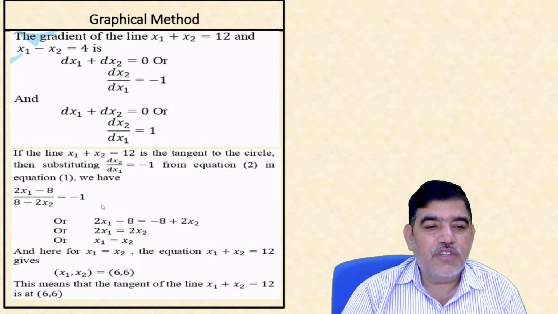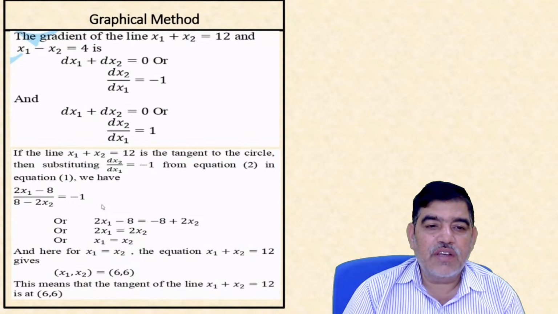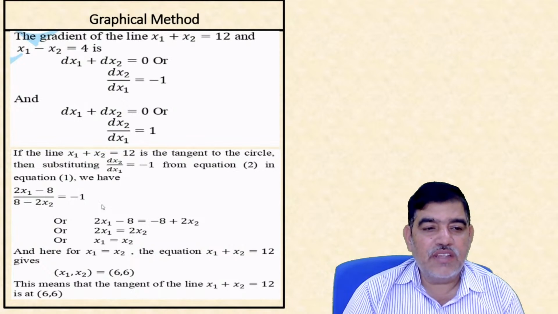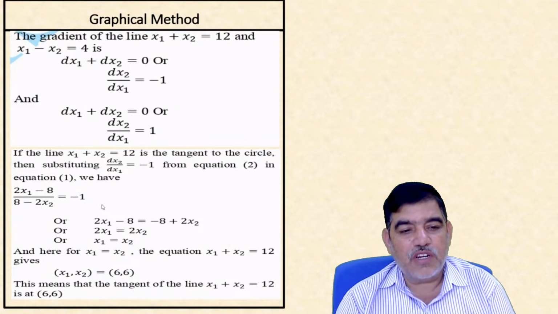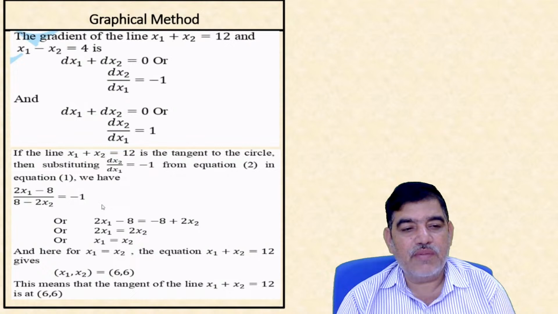Then substituting dx2 with respect to dx1 equal to minus 1, we get 2x1 minus 8 divided by 8 minus 2x2 equal to minus 1. By cross multiplication, 2x1 minus 8 equal to minus 1 into 8 minus 2x2.